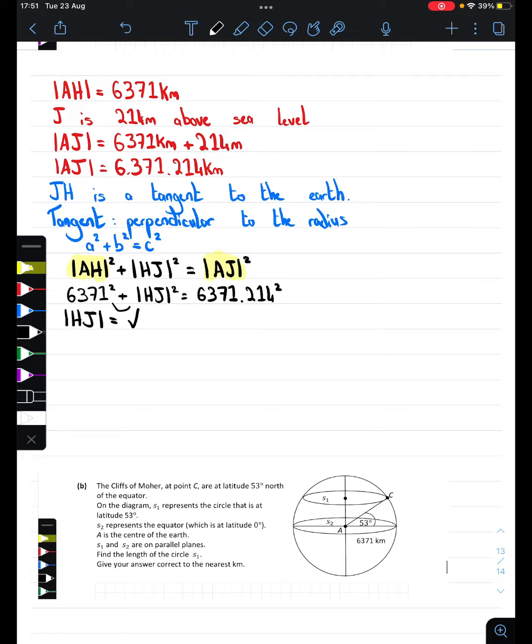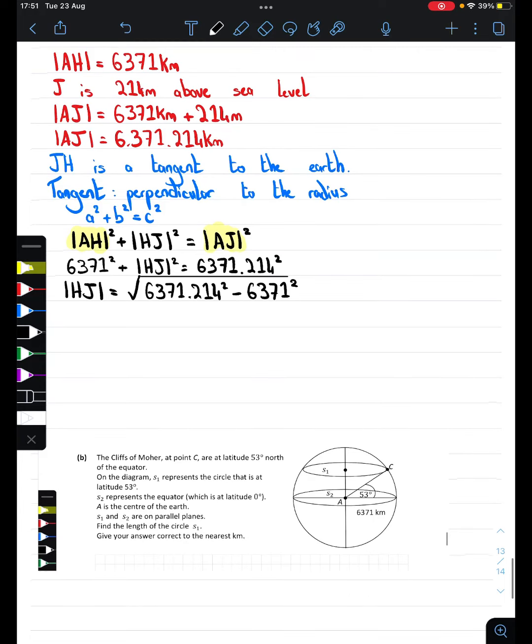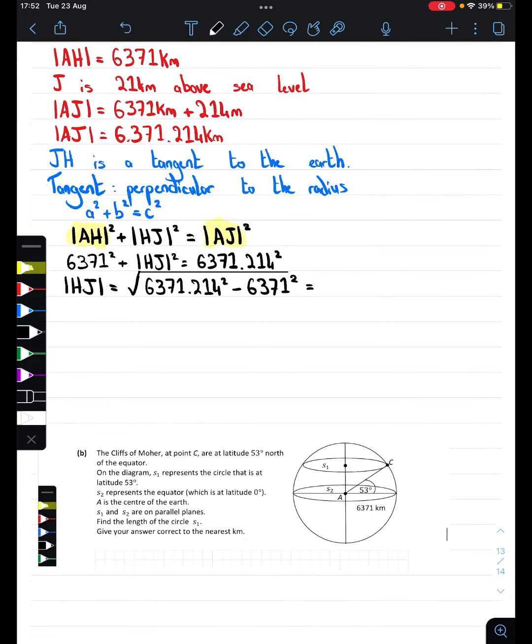So if we brought this over and then took the square root, the square root of 6,371.214 squared minus 6,371 squared. And if we put that into a calculator, we get 52.22 kilometers. Or to the nearest kilometer, HJ equals 52 kilometers.